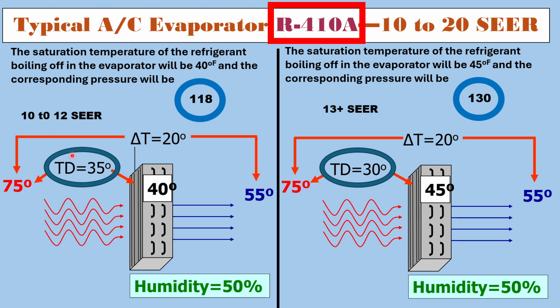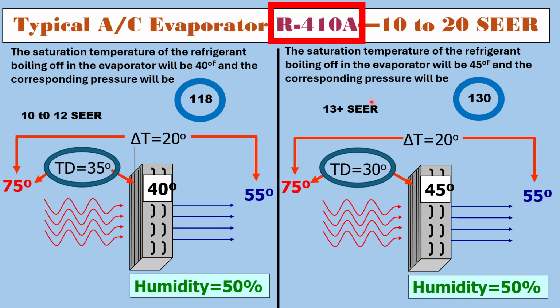That's showing us that our return air is 75 degrees, our temperature differential is 35, so we have a 40-degree evaporator saturation temperature, and that should give us about a delta T of 20 degrees, a temperature split of 55, and our humidity is 50%.